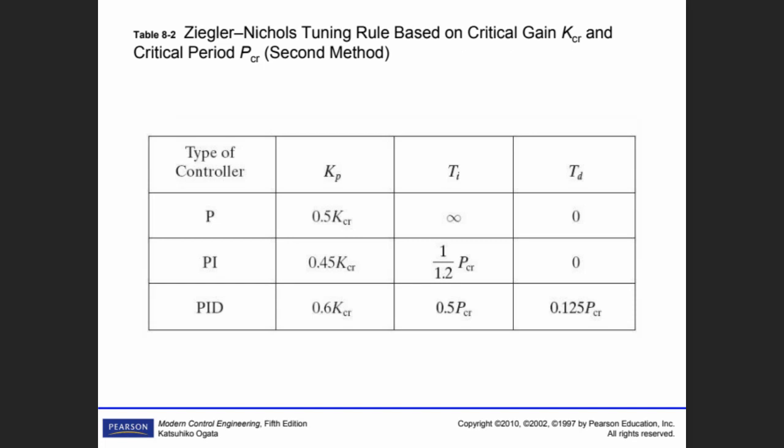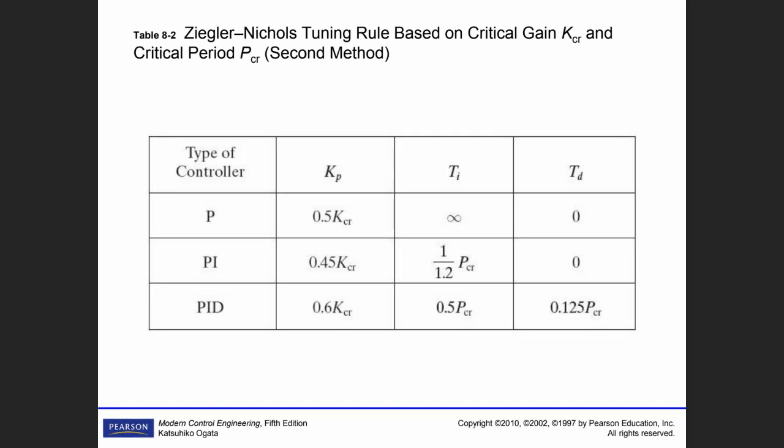And then this is the second Ziegler-Nichols method table. For a proportional controller only, you use that constant. For a PI controller, you use that constant and this constant. For TI, you use that value.